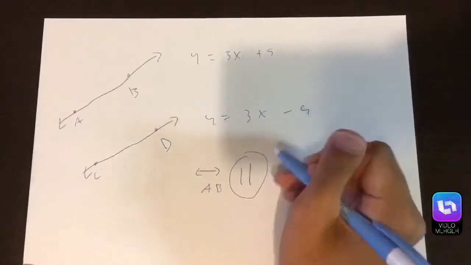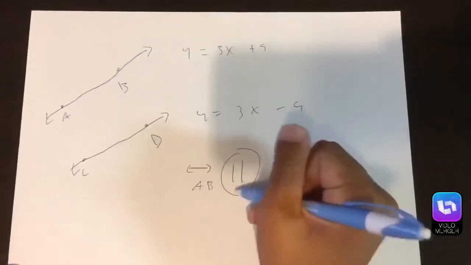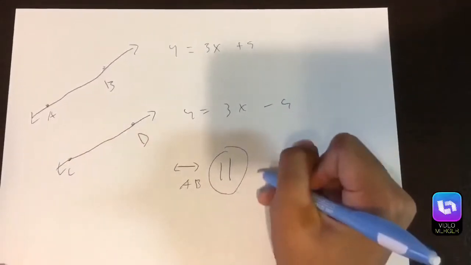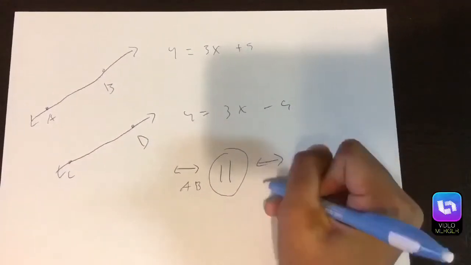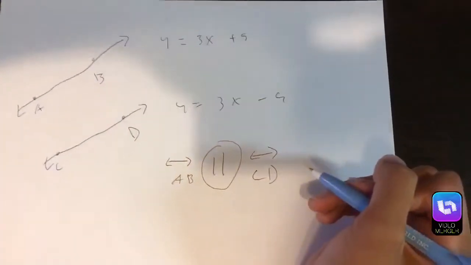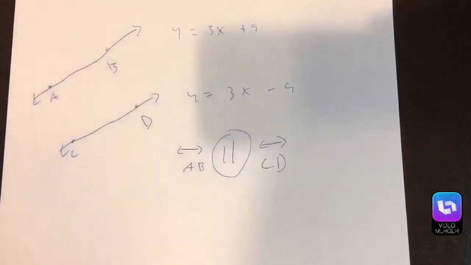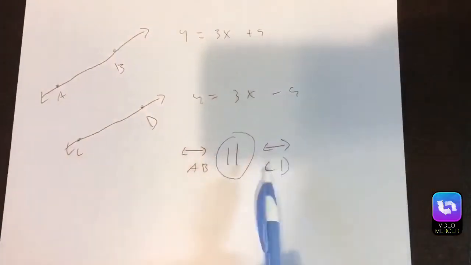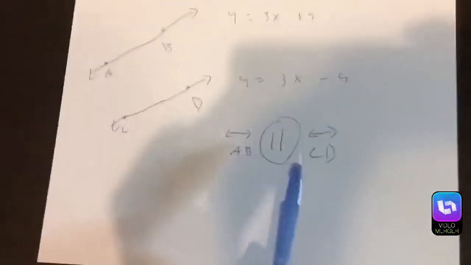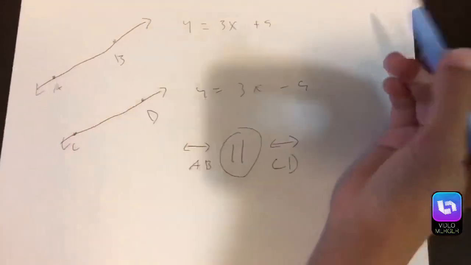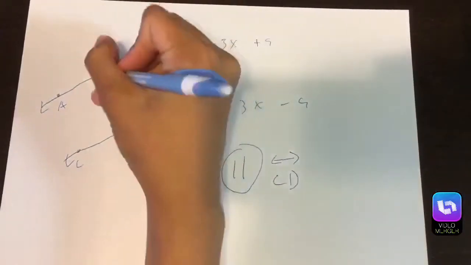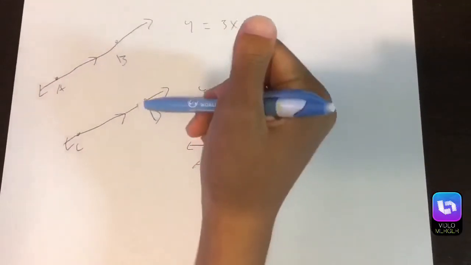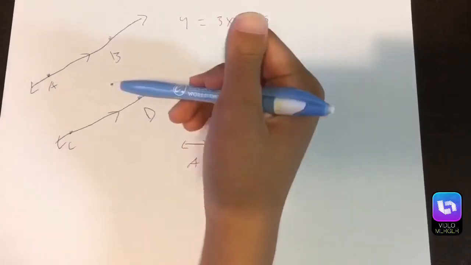This sign right here is the way to say parallel. To know if the drawing is parallel without being given the equation or the statement, you can tell that they are parallel if they give you these two lines. These two lines mean that these lines are parallel.